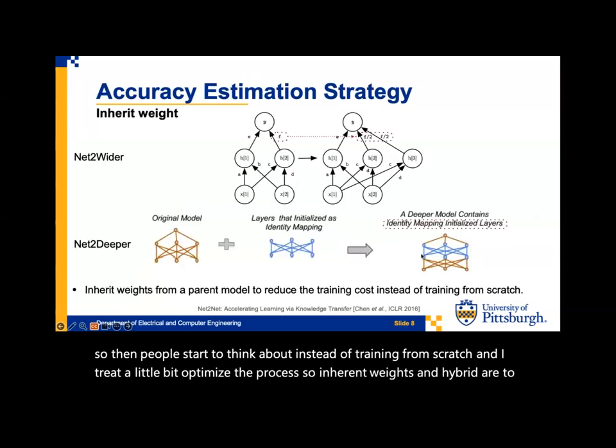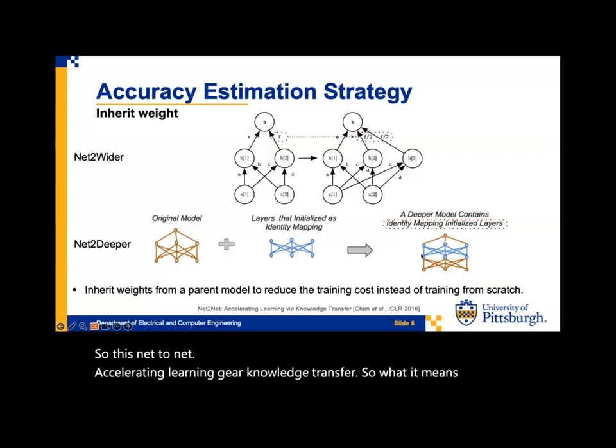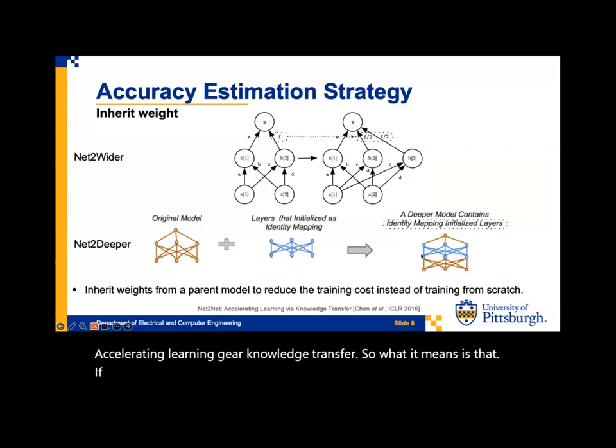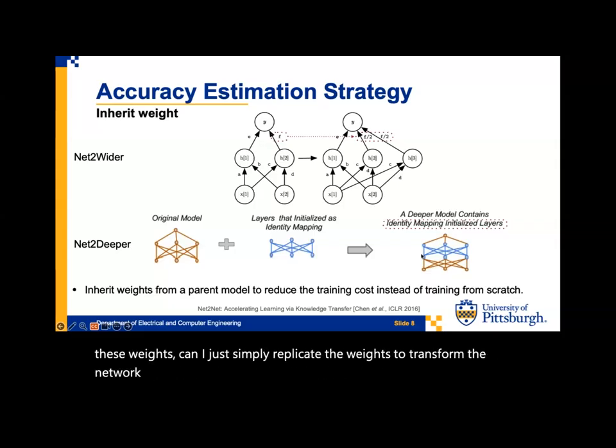So inherit weight, Net2Net: accelerating learning via knowledge transfer. What it means is that if I have a network that is already trained and has all these weights, can I just simply replicate the weights to transform the network to make it wider?